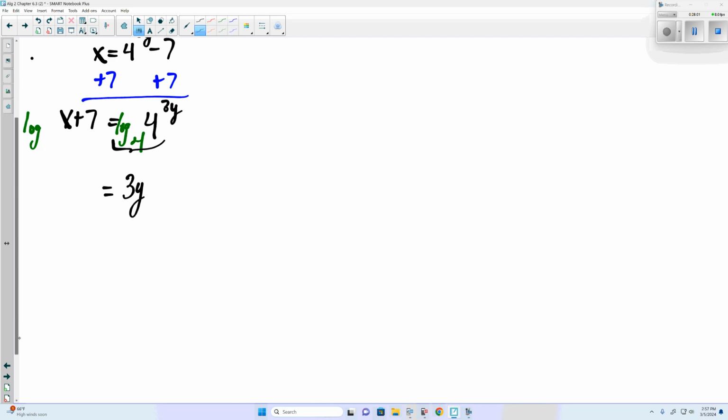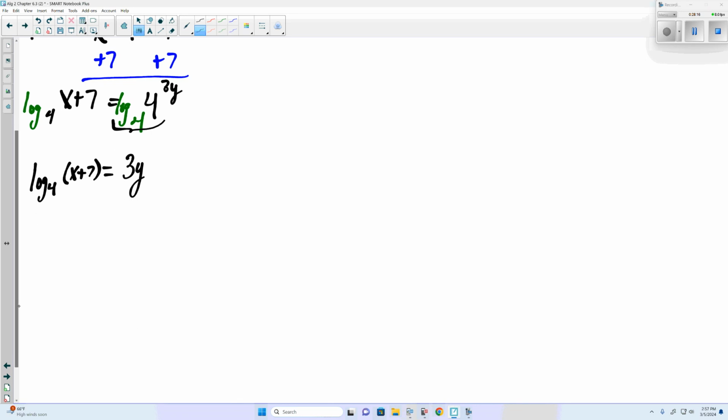What does it tell us the other side is? Well, it's log base 4 of x plus 7, because we took the log base 4 of both sides. The whole x plus 7, our whole 4 to the 3y. Now we get y by itself, so y equals log base 4 of x plus 7, divided by 3.